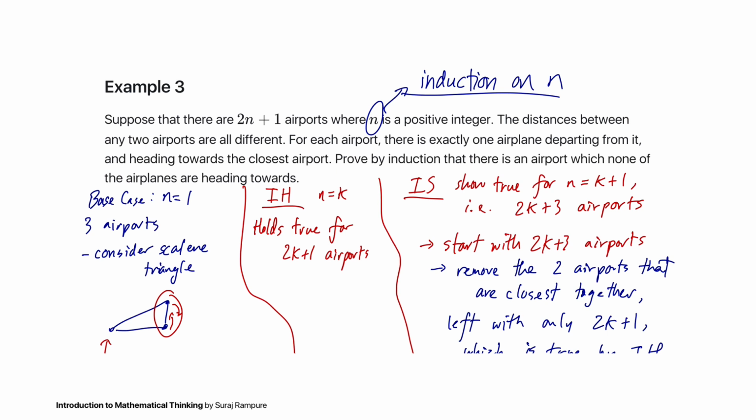And if we remove those 2, of the remaining airports, there will be one left over, right? Is that clear? So we're not assuming what we're trying to prove yet. Because if you assume what you're trying to prove, that's not a valid proof. We're just saying that we happen to have 2k plus 3 airports, and when we remove 2 of them, of the remaining, there will be one left over. Is that clear?